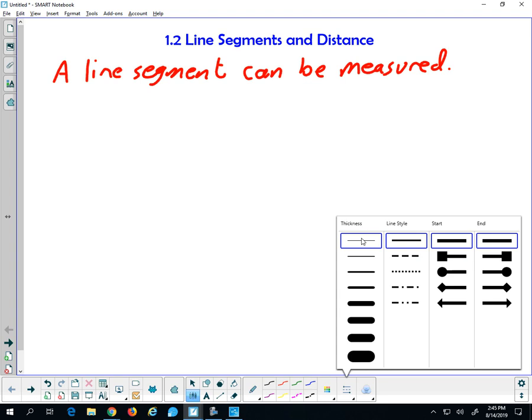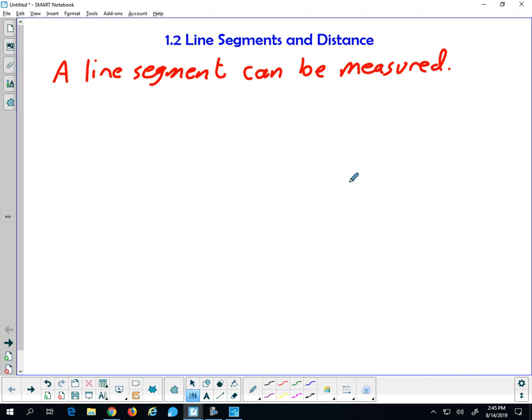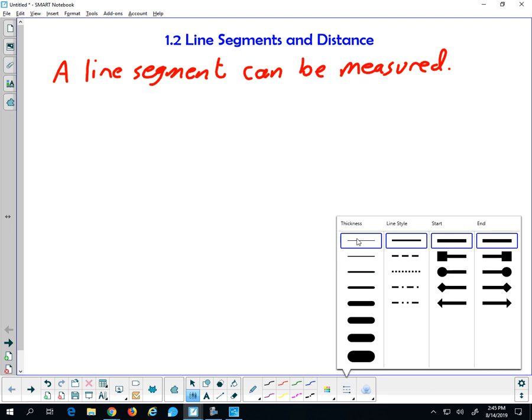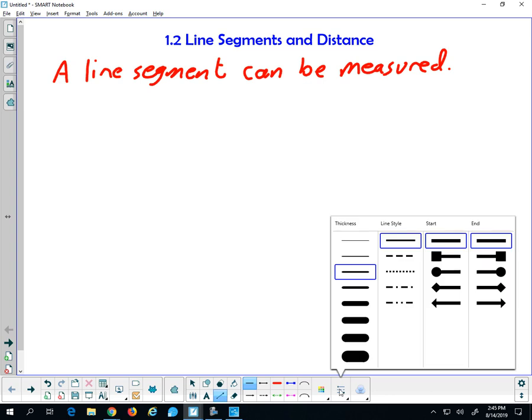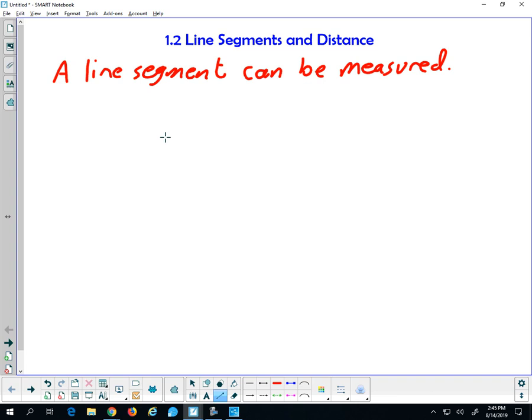So if we take a look at an example of a line segment as opposed to a line. A line, if you remember, we drew a line that looked like, go ahead and put the arrows on the ends. So when we drew a line, it looked like this, has the two arrows on the ends.